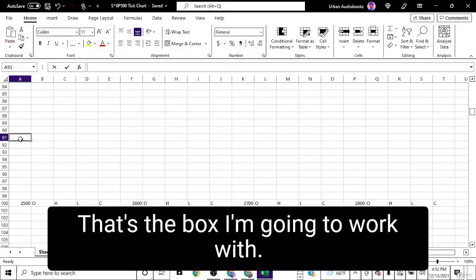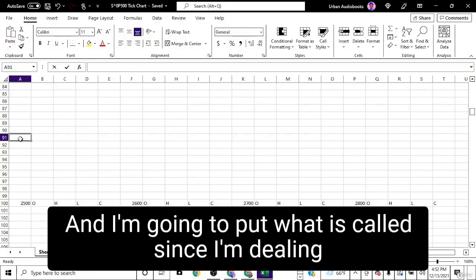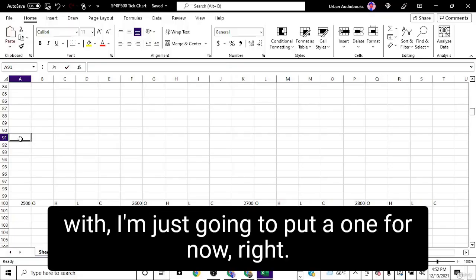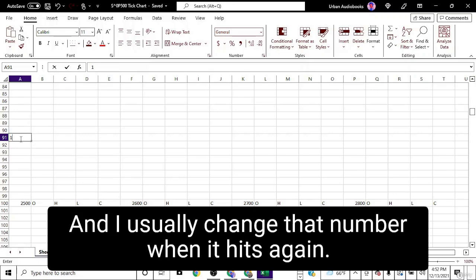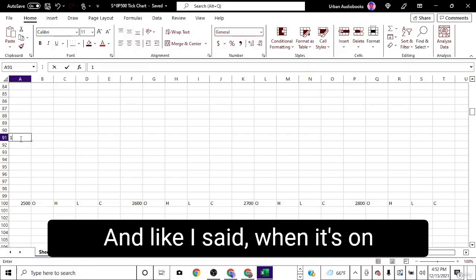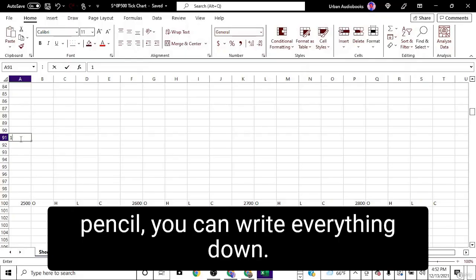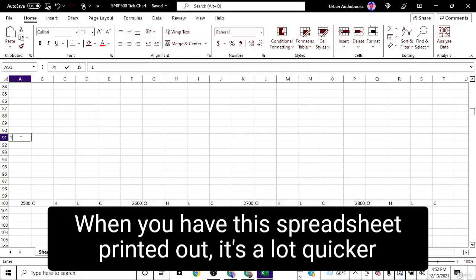That's the box I'm going to work with, and I'm just going to put a 1 for now. I usually change that number when it hits again. Like I said, when it's on pencil, you can write everything down on the printed spreadsheet. It's a lot quicker.